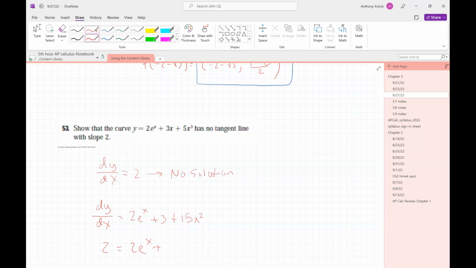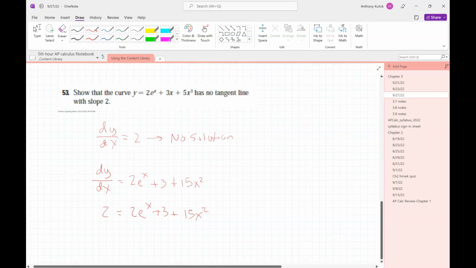And we have this. Now, I can't solve this algebraically directly, but I don't need to solve it because all I need to show is that there's no solution, right?